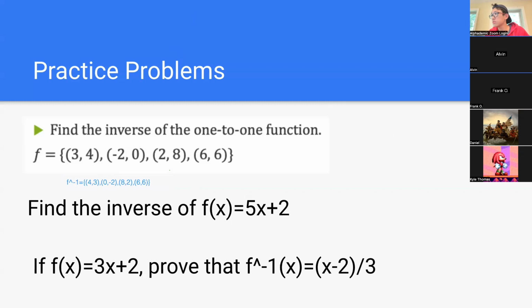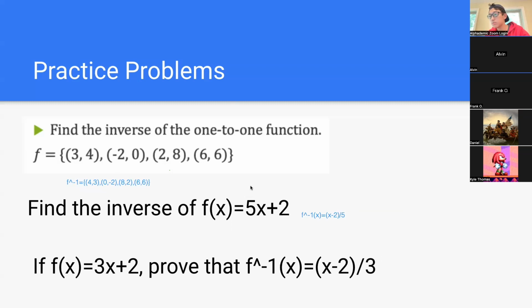For number 2, for the inverse, you would get f inverse of x. The f inverse of x is equal to (x minus 2) divided by 5.